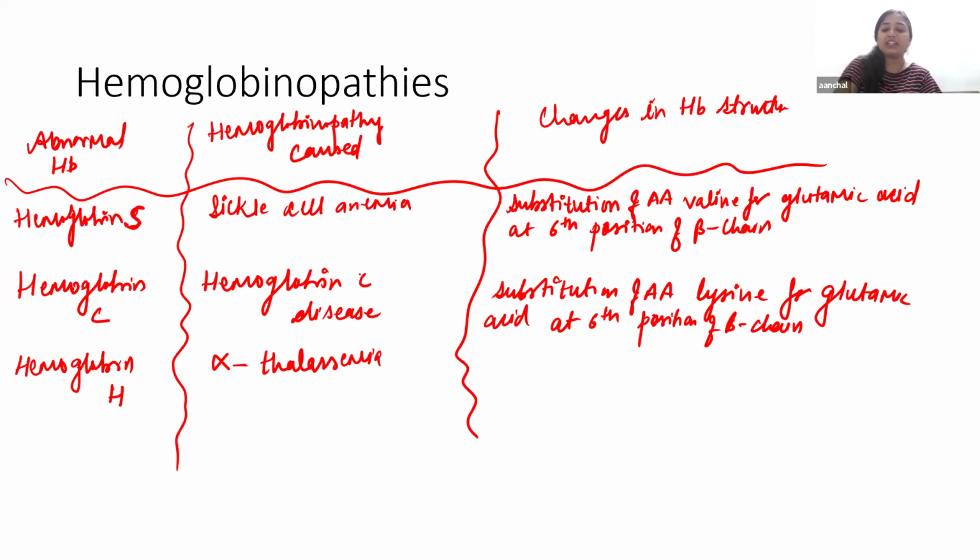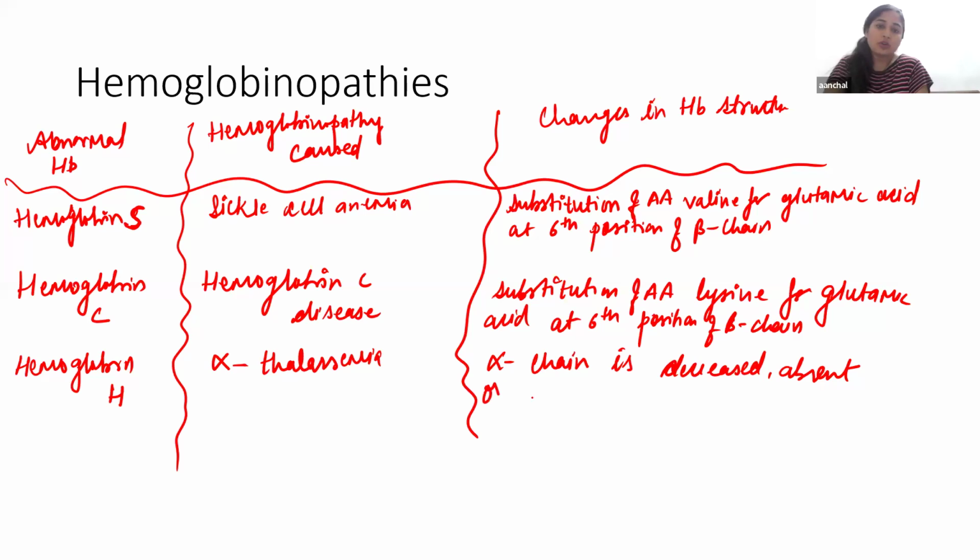The alpha chain is decreased or absent, or it is abnormally synthesized. Here we have covered the different types of hemoglobinopathy, the most common types.